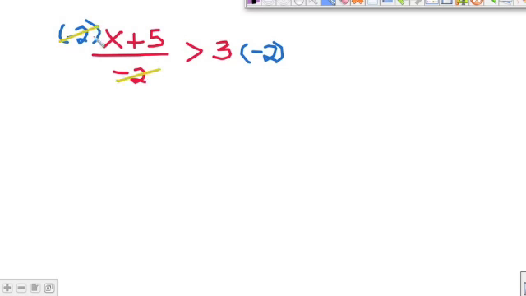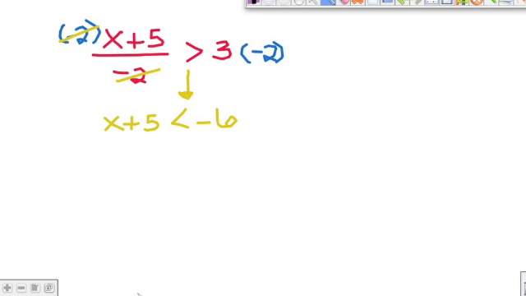These 2's cancel. Now notice when I did that, I did not affect the top numerator at all. So the x plus 5 falls down, but because we were originally dividing by a negative, my inequality is going to flip around. Okay, so notice my inequality flips around, and I get 3 minus 2 gives me negative 6.